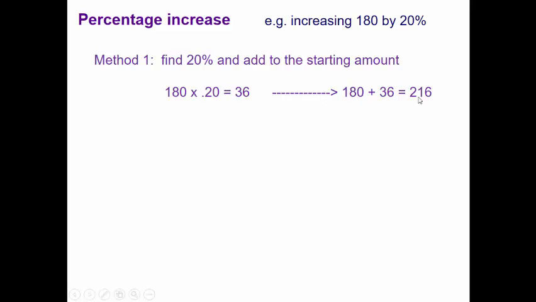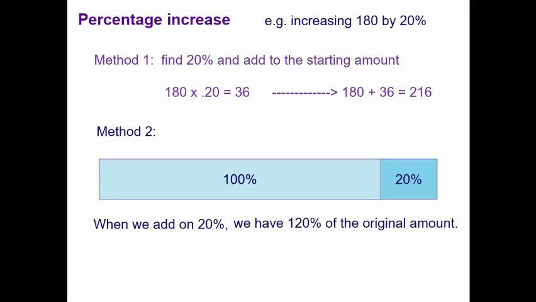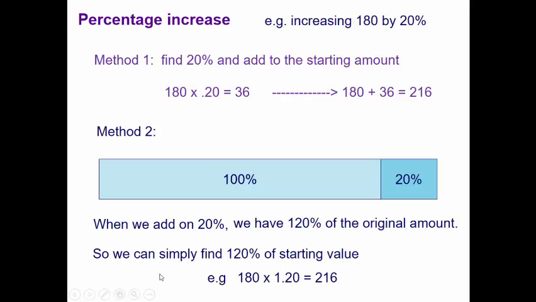And add it to the original, we get 216. So that's all very well and good. Not a particularly sophisticated way of doing it, but it works. The other method is, if we're adding 20%, we are going to end up with 120%. So if we know the original amount, which is 180, we can simply say, I want to know what 120% of that is, because that's the same thing as adding 20%.